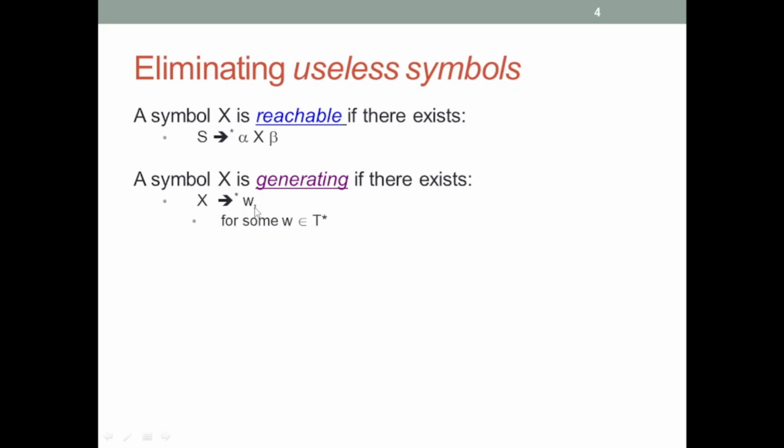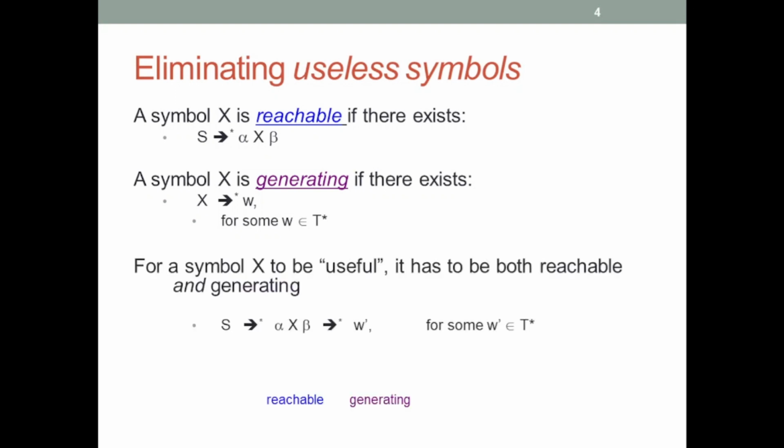That means W is a terminal symbol. So firstly we have to identify the useless symbols. Useless symbols are those which do not generate a terminal string or are not reachable. For a symbol X to be useful, it has to be both reachable and generating.